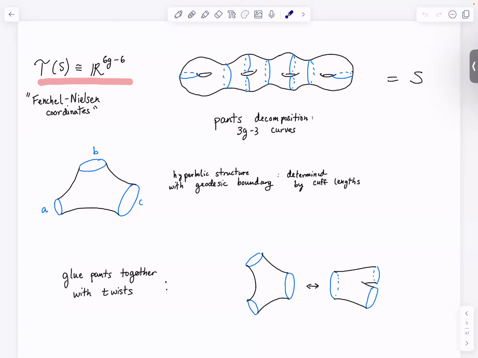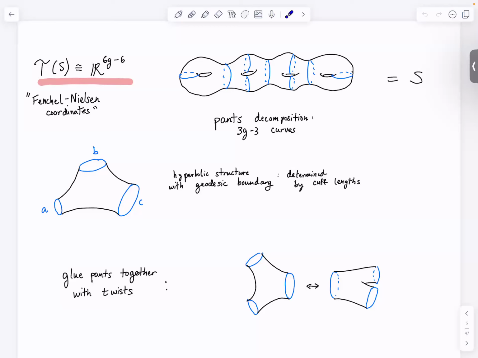Each pair of pants can be equipped with a hyperbolic structure so that the boundary cuffs of the pants are totally geodesic curves. And it turns out the number of ways to do that is parameterized by the lengths of these three cuffs. So there's a 3-parameter moduli space of hyperbolic structures on a pair of pants.